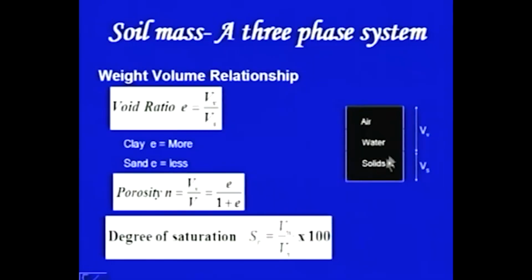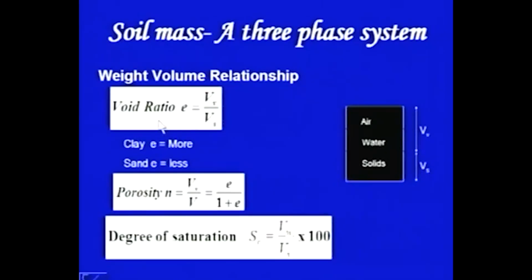They are all intermingled with each other. Every soil mass will have certain amount of air, certain amount of water, certain amount of solids. In terms of volumes, air plus water is called total voids, Vv. Vv stands for volume of voids, and the volume of solids is represented by Vs.